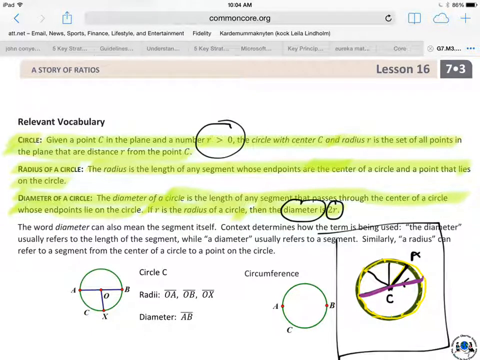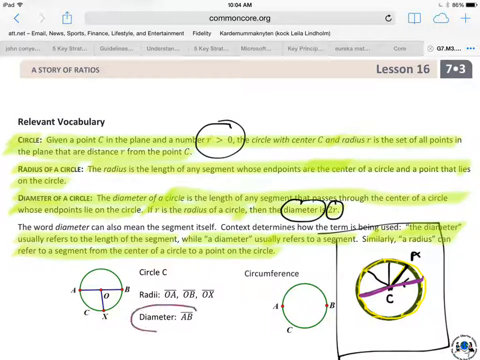To give us a little definition here, the word diameter can also mean the segment itself. Context determines how the term is being used. So right down here it says the diameter usually refers to the length of the segment, while a diameter usually refers to a segment. Similarly, a radius can refer to a segment from the center of a circle to a point on the circle. Like I've been using the term, I'd rather say a line of diameter.